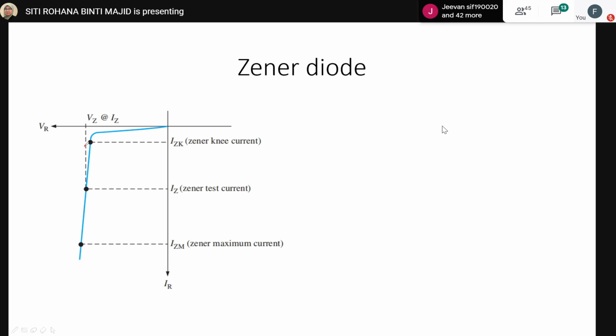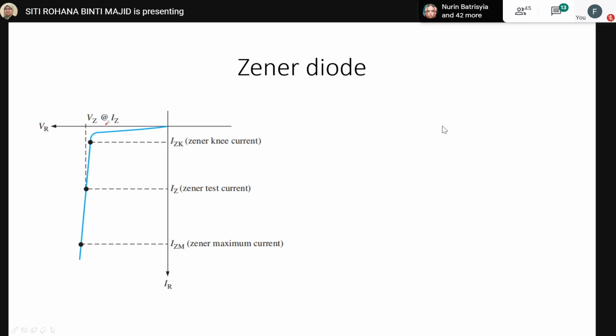If you see from this curve, for currents less than IZK, which refers to the Zener knee current, as VR increases, you can notice there is a negligible change in current. And here the breakdown starts at a reverse current of IZK because of two reasons.